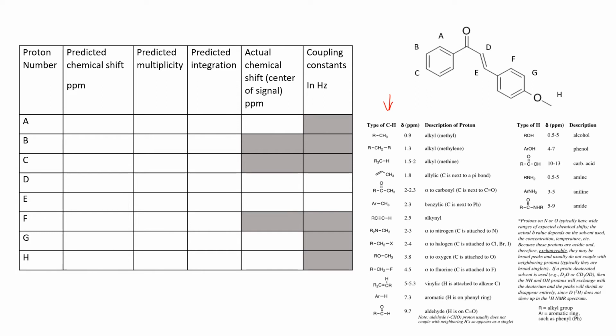Okay, so you're going to fill in the predicted chemical shift, multiplicity, and integration. I'm not going to do that for you right now because I'm trying to keep this video short. You stop the video, fill those in, and then you'll do the actual chemical shifts from this known product and the coupling constants for D and E as we go.